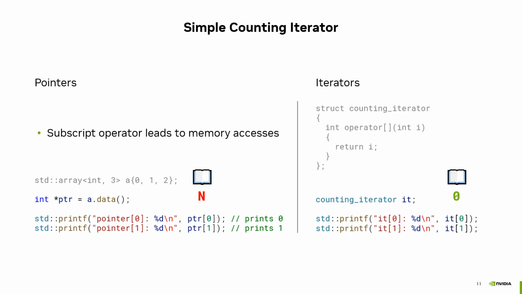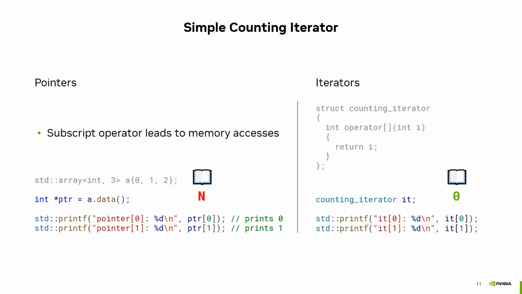So now let's compare the pointer-based code on the left with our custom type on the right. When we pass in an index of 0, both print 0. When we pass in an index of 1, both print 1, and so on. Functionally, there's no difference. But because a pointer is tied to actual physical memory, every time you use the subscript operator, you're performing a memory access.